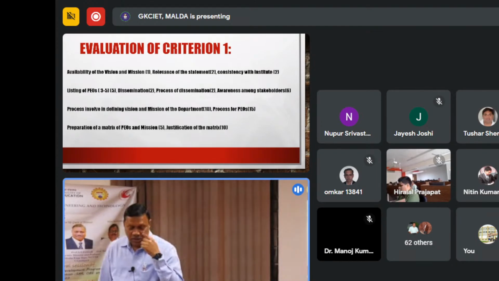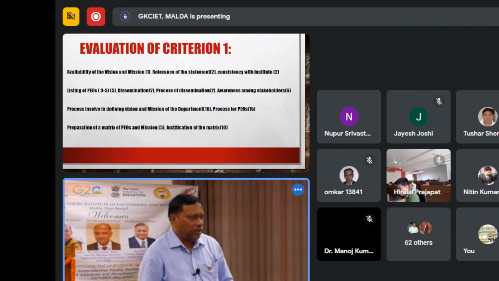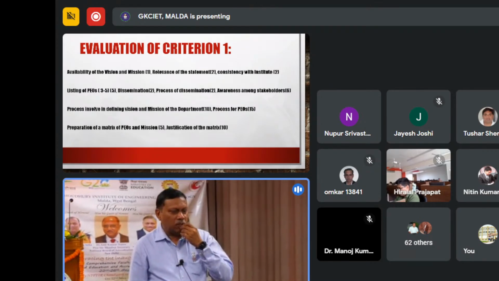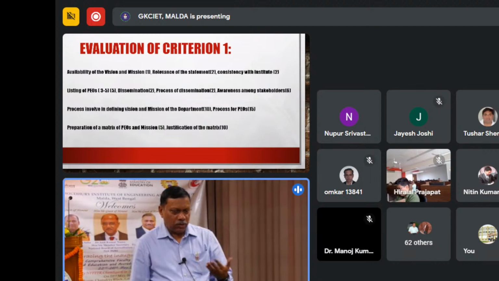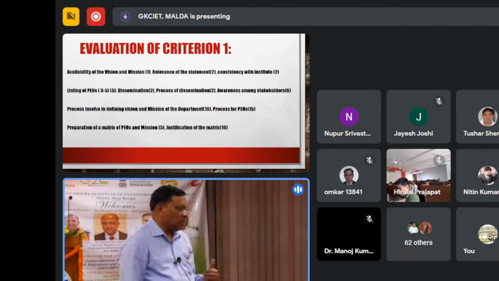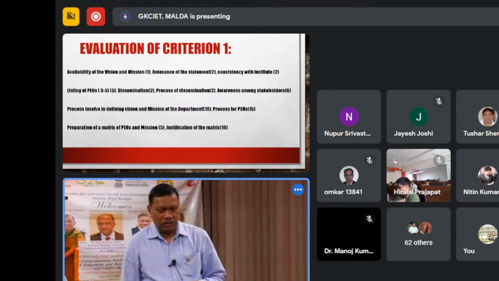So when you are claiming this, how to see that your stakeholders are fully aware of this? So what we do, while going in the corridor, we generally catch whoever is crossing us. We ask them, are you a student? Which department, mechanical engineering? If the mechanical engineering is under evaluation, we ask, what is the vision statement of your department?